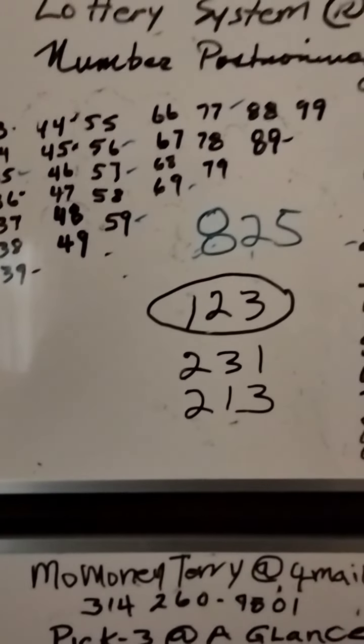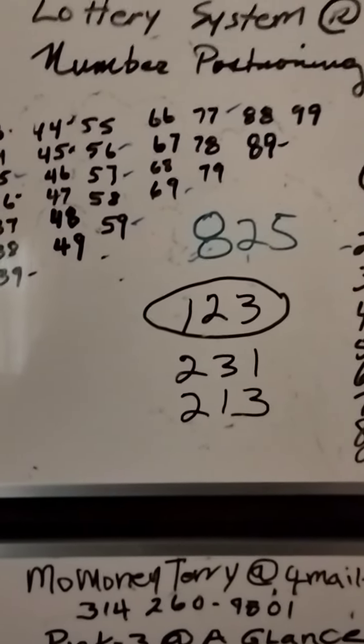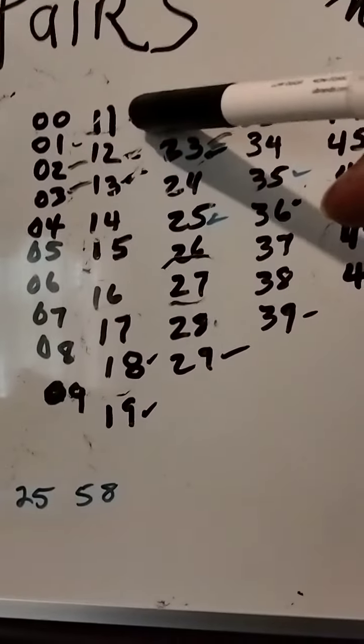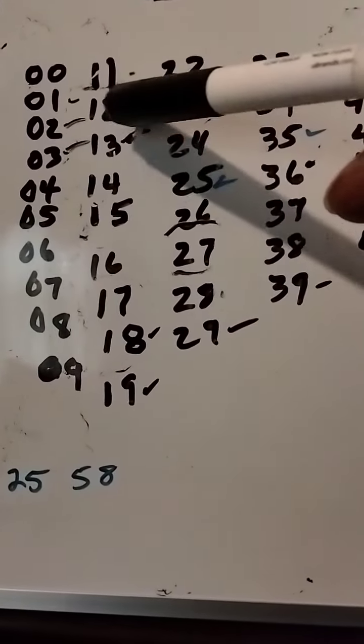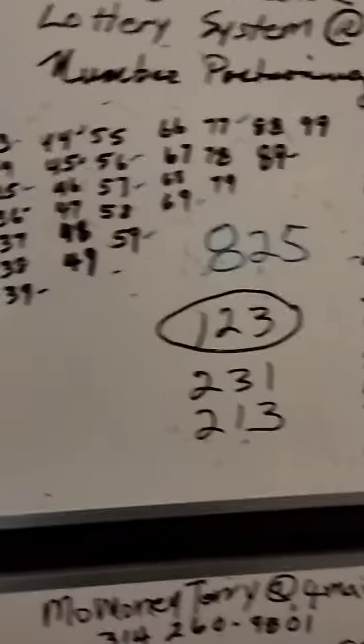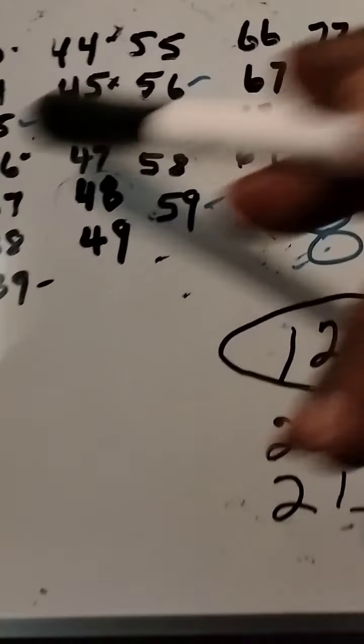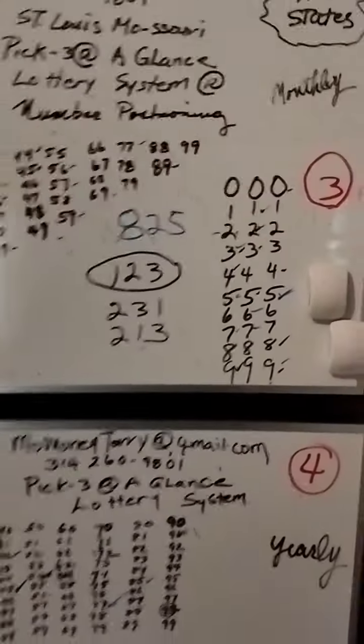Those 3 pairs I mark off. If it's a double, it's only going to have 2 pairs, say 1, 1, 2. You got 1, 1, I mark off the 11, and I mark off the 12. It's going to only have 2 pairs. Whatever the double is, say it's 550, I mark off the 55, I mark off the 05. That's how you do it.